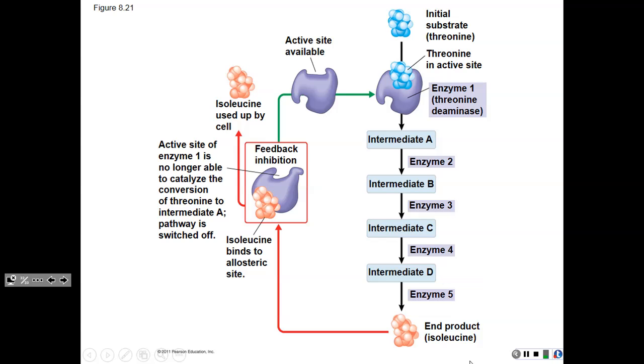Okay, I'm good with that. I want it to be sensitive to isoleucine levels. What could I use that might be directly related to isoleucine concentrations in a cell that I could use as an inhibitor? Hey, oh, what about this? How about if I use isoleucine? What do you think? Brilliant.